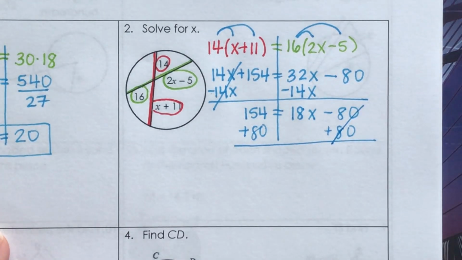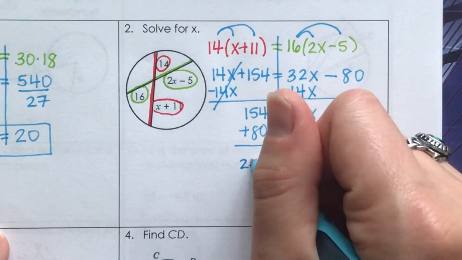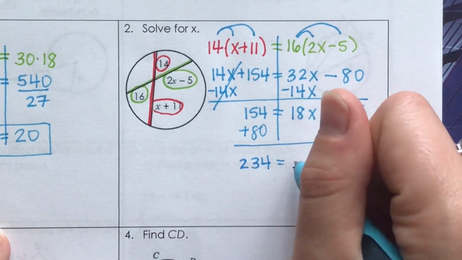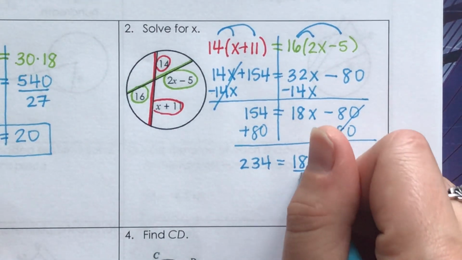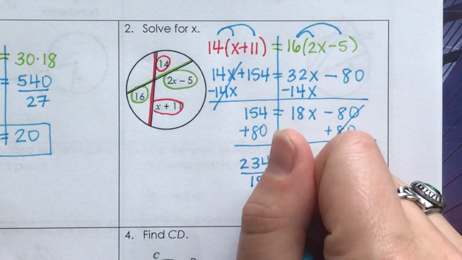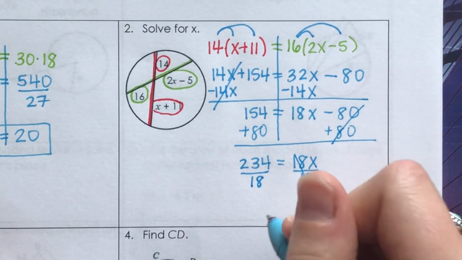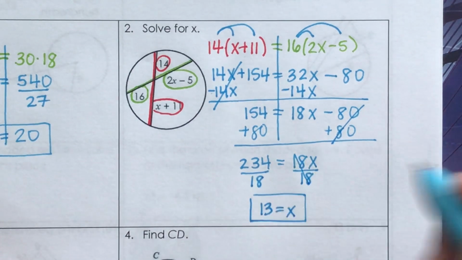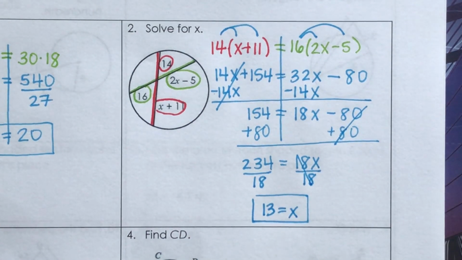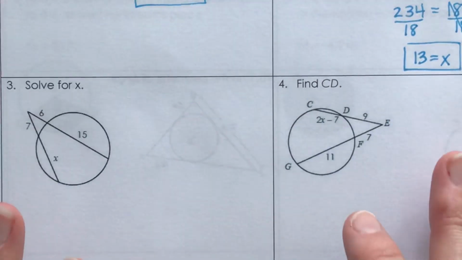All right, this is just some regular old algebra. You should feel really confident with this. I get 234 equals 18x, and then I divide both sides by 18. I get 13 equals x, or x equals 13. Easy stuff, it's just solving some algebra problems.